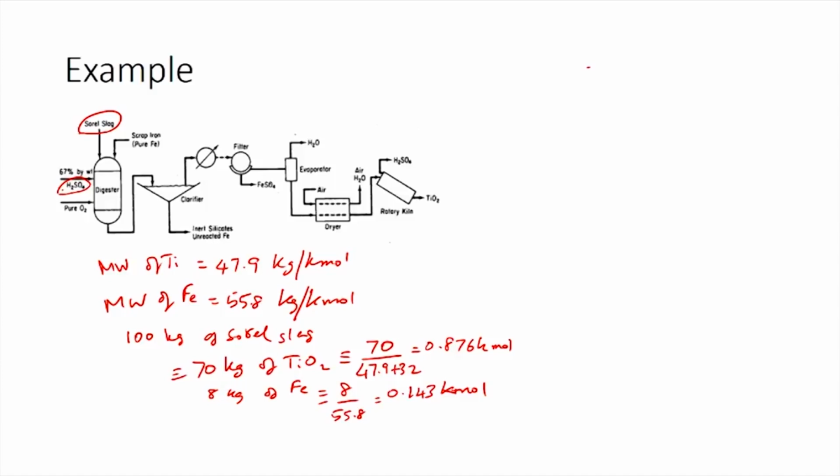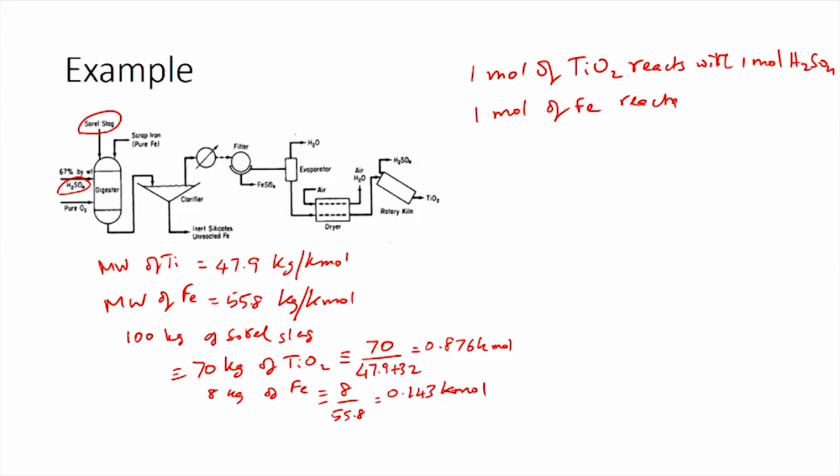So, looking at the stoichiometry, we know that 1 mole of TiO2 reacts with 1 mole of H2SO4. Similarly, you have 1 mole of iron also reacting with 1 mole of H2SO4.